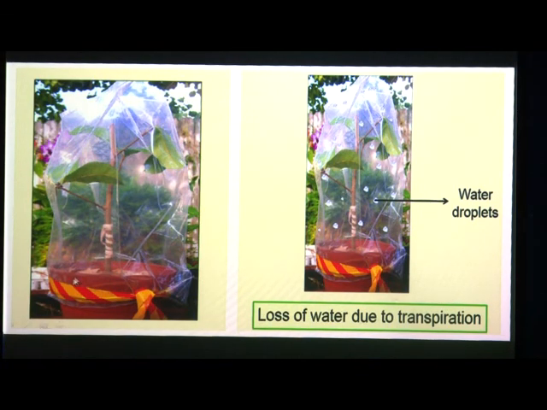You have to first water this plant, and after watering it, take the polythene bag and cover it. What happens here? After some time, we can observe tiny water droplets on the polythene bag. This happens due to loss of water, and this is due to transpiration.